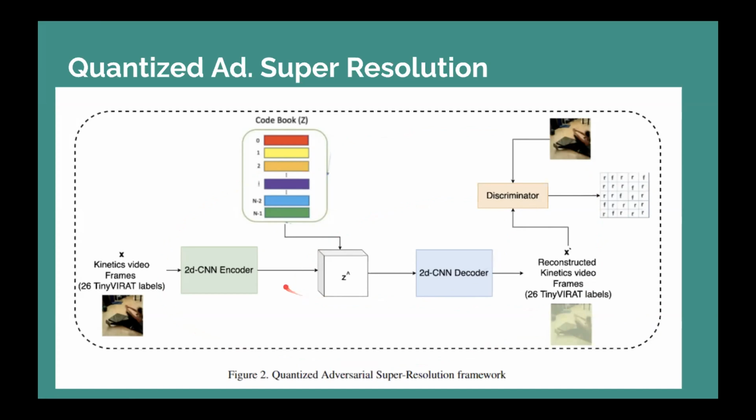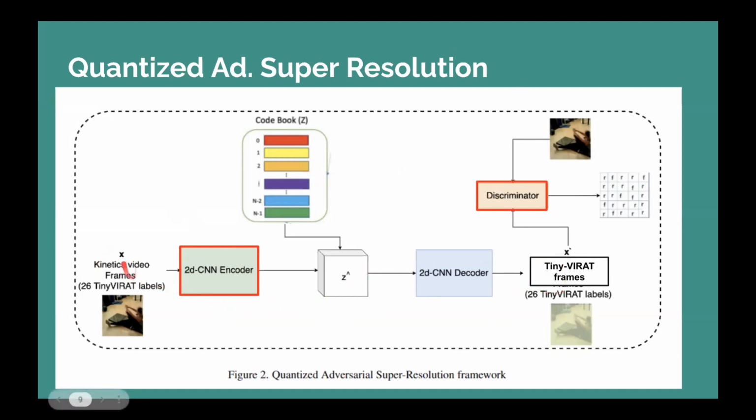So after this pipeline, we have trained a codebook, which comprises visual code words of Kinetics, a high resolution data set. What we actually do is discard the discriminator and encoder, and we follow the same pipeline, but this time for the Tiny VIRAT data set.